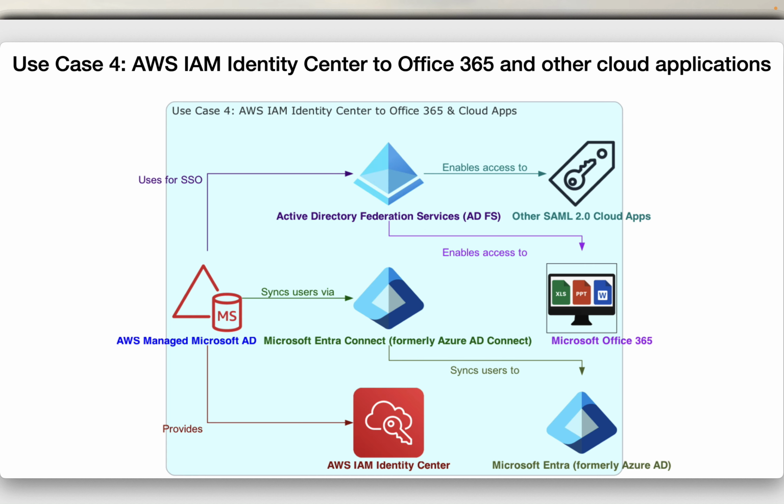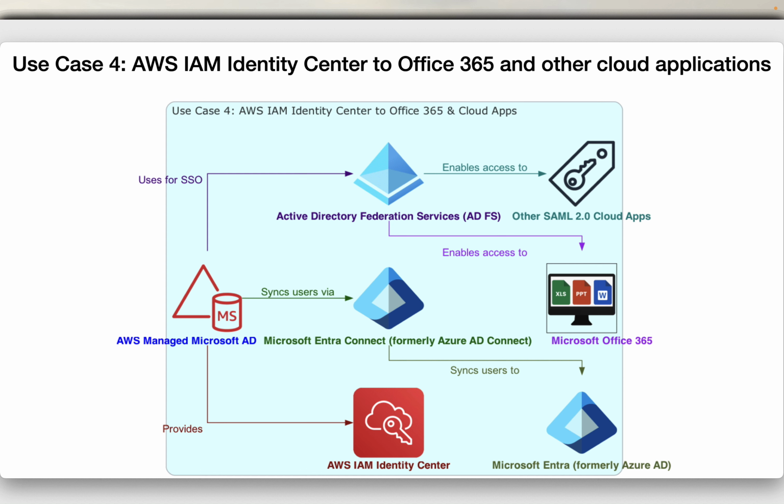Okay, fourth use case, AWS IAM Identity Center to Office 365 and other cloud applications integration. So you can use AWS Managed Microsoft AD to provide AWS IAM Identity Center, which is AWS SSO for cloud applications.